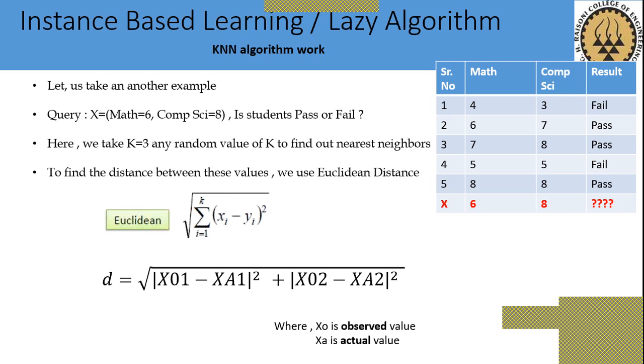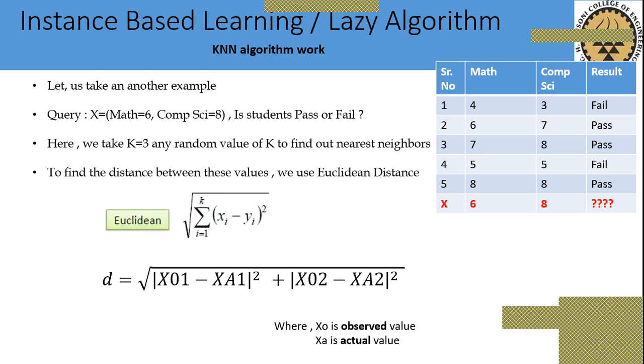So the query here is student X, having math equal to 6 and computer science equal to 8. Is the student failed or passed?